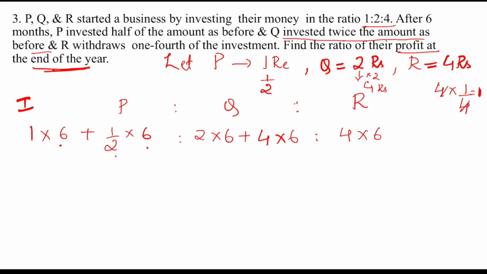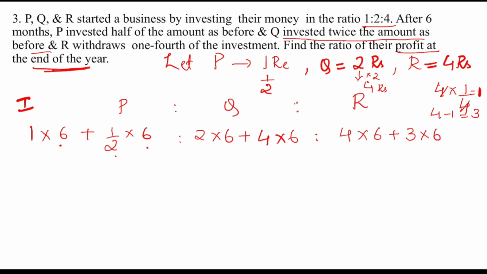So 4 minus 1 will be how much? 3 rupees. He took back 1/4 of the investment, isn't it? So that means he took back 1 rupee and for the remaining 6 months he invested only 3 rupees. 3 into 6. Okay, so this is the total investment of P, Q and R.